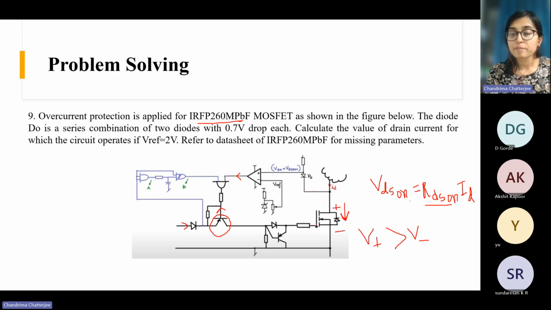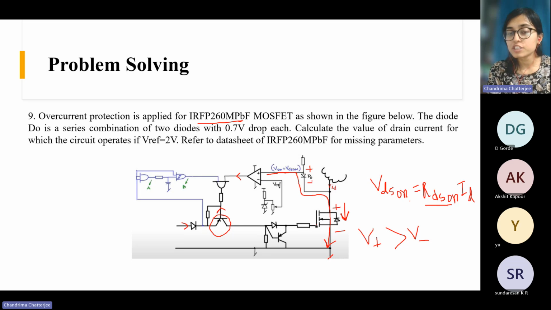So how does this happen? See, here this point is connected like this. Now you see there is a current path through the diode through this MOSFET like this, okay, to the ground. And what is the potential of this point with respect to ground? The potential of this point is VDO, that is the drop across this diode, plus the drop across this MOSFET, right?